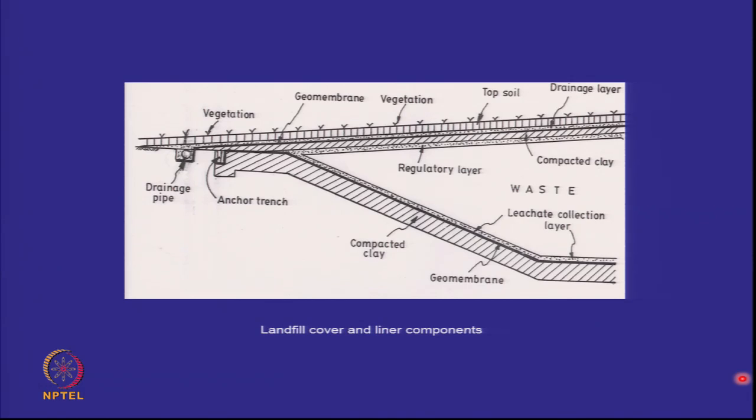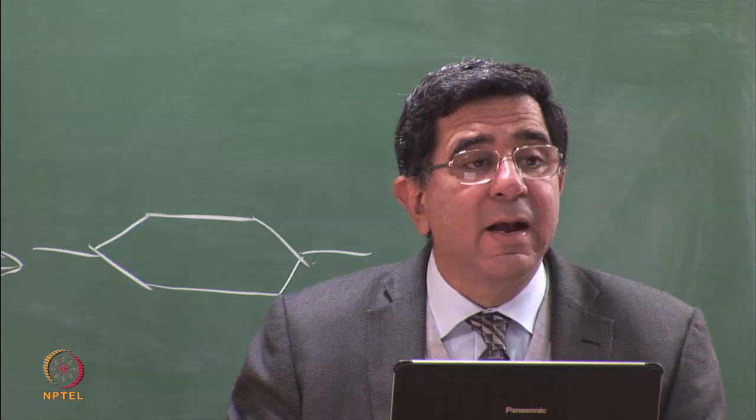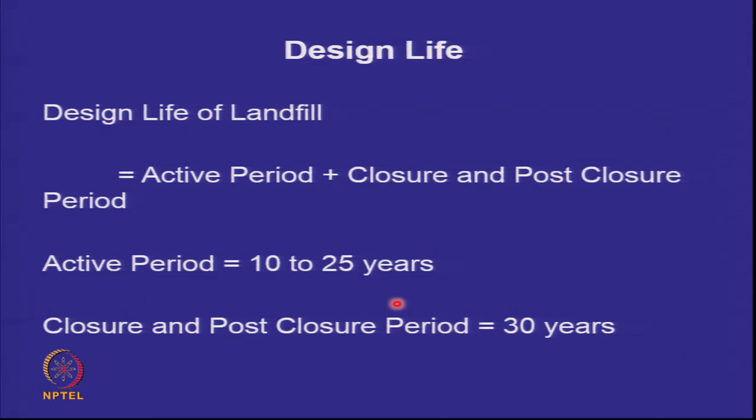And this is what it looks like in its true component form. If you look at an exaggerated view of the cover and the liner here, of course this waste actually is several meters or tens of meters high, and these are only a meter or two, but this is an exaggerated view to show that it has many components. The covers and the liner are multi-component systems.